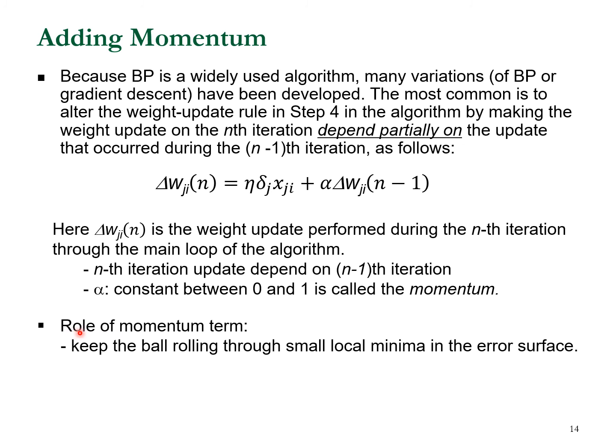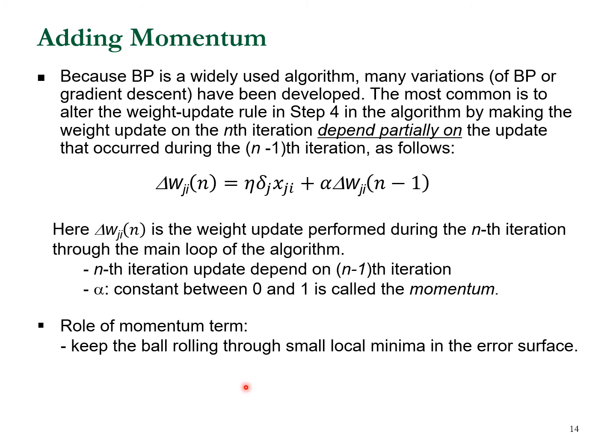So again, the intuition behind the role of momentum here is you want to keep the ball rolling through small local minima in the error surface. Suppose you have a ball rolling in one direction, and then it is going to change direction the opposite way. What happens is the ball slows down and stops, and then in the opposite direction it increases speed, right?